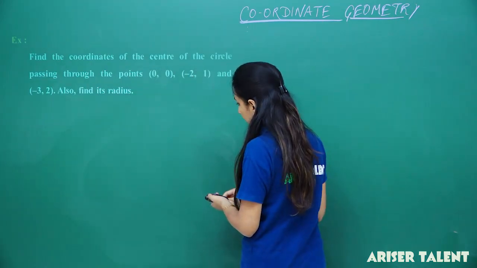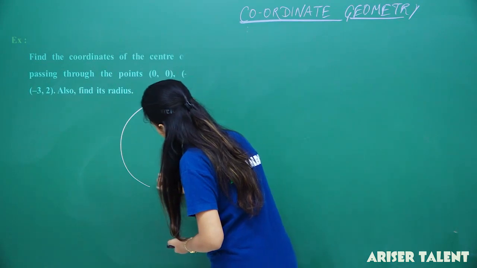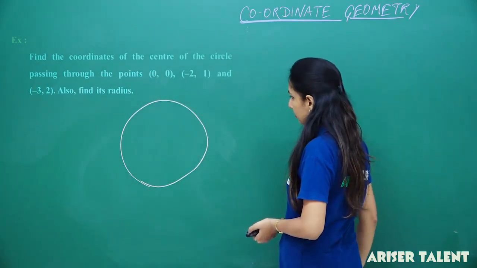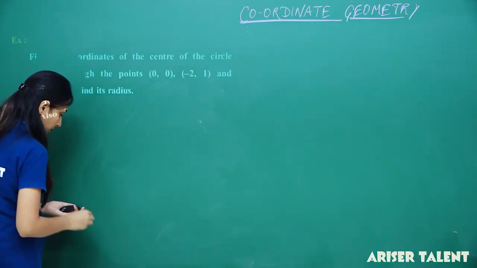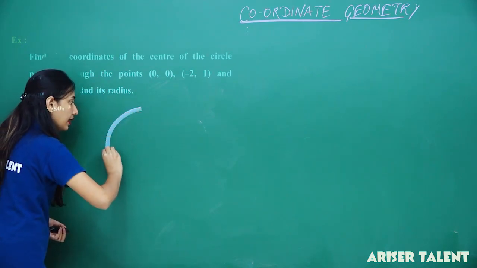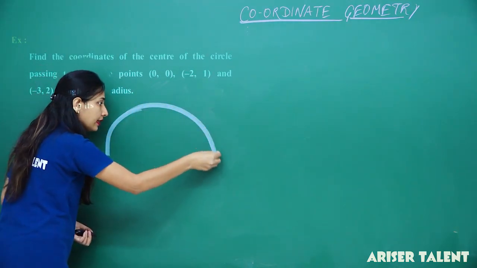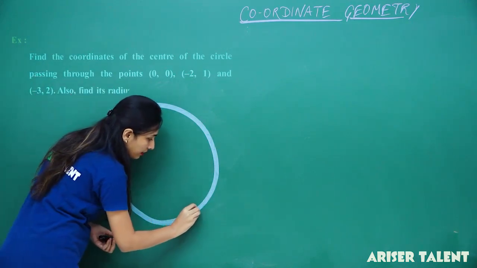We have a circle here, right? Is it looking like a circle or not? We should again make a beautiful circle. Okay, so let's suppose now this is a circle.